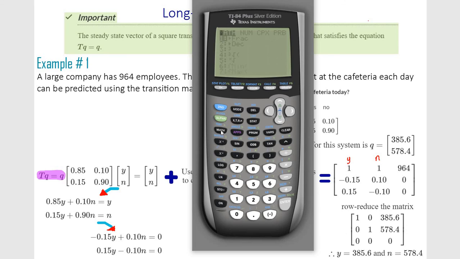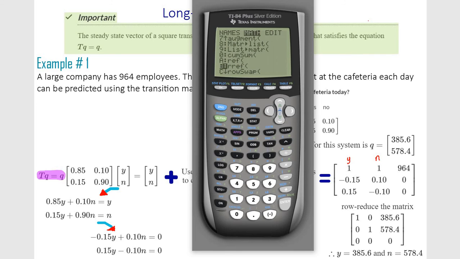Then to reduce it to row echelon form, you're going to go to the matrix menu, so second inverse, then go to math. You're going to go all the way down to rref, reduced row echelon form.